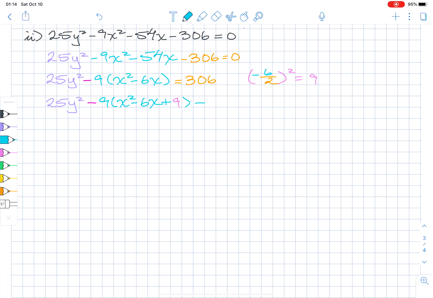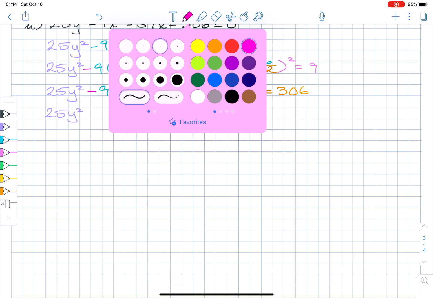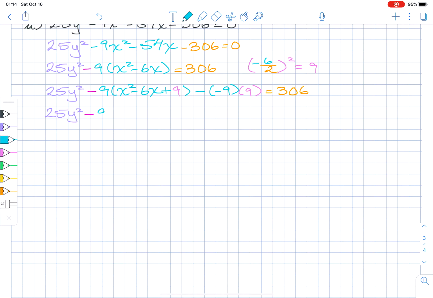So I'm going to subtract out a negative 9, because that's what I have on the outside, times 9, and set that equal to 306. So we have 25y squared minus 9 times what amounts to x minus 3 quantity squared, to which we're adding 81.